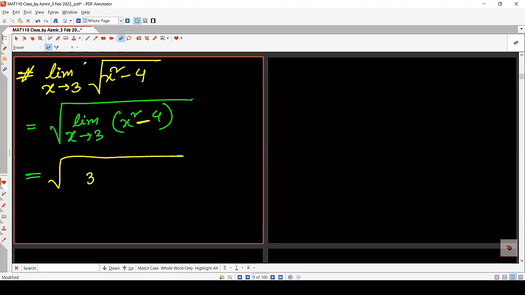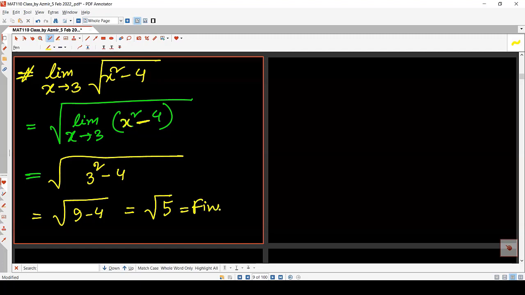If we want, we can also solve directly. So this time I am going to solve directly. Where we have x, I am plugging 3. 3 squared - 4, so we have 9 - 4. It will be the square root of 5, which is a finite number. That means the limit exists. If we have a finite value finally, then we can say that the limit exists.